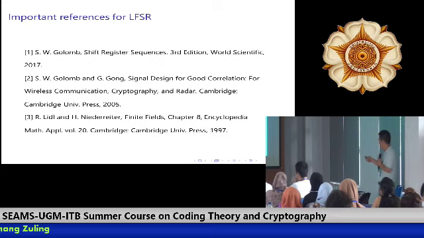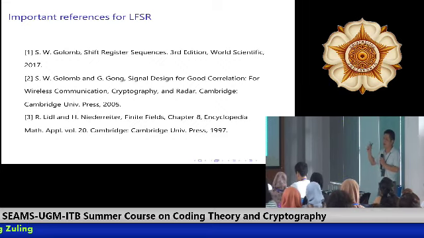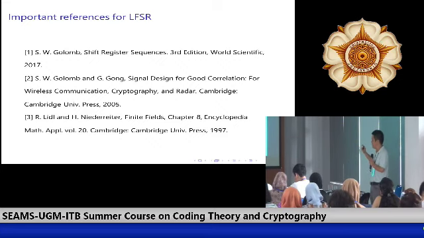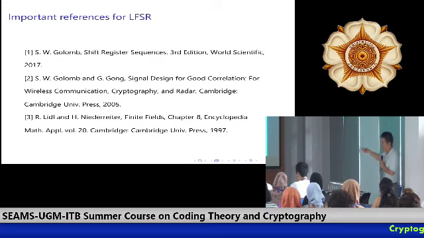Another one is Finite Fields, which is about abstract algebra. In chapter 8, it uses the linear algebra method to discuss the properties of sequences. So if you have time, you can read these books.